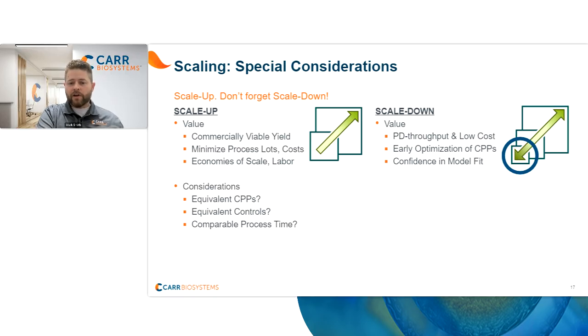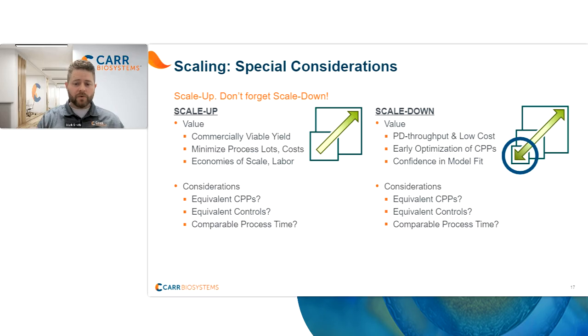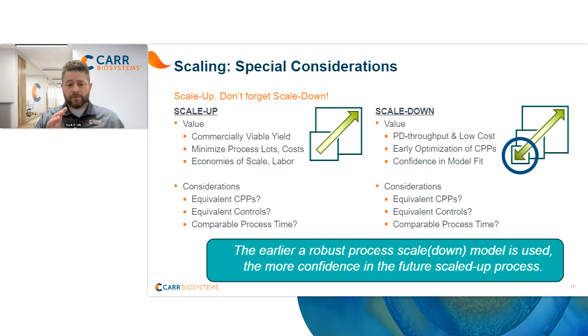And if your scale down model is robust, then it enables you to consider those critical considerations like CPPs and controls early in your process steps, early in your process development, instead of having to wait until scale up to get that critical control. So the earlier in the process you can get the scale down model in place, the more confidence you can have in that future scale up model.